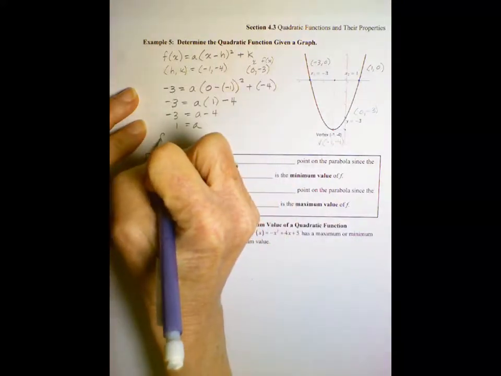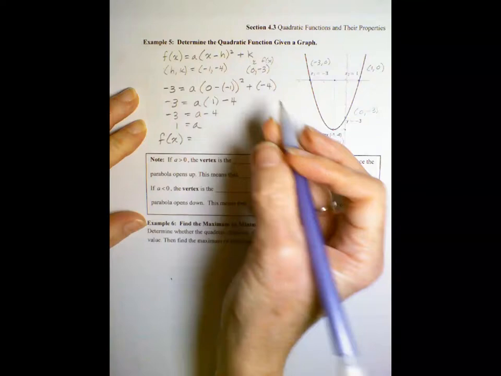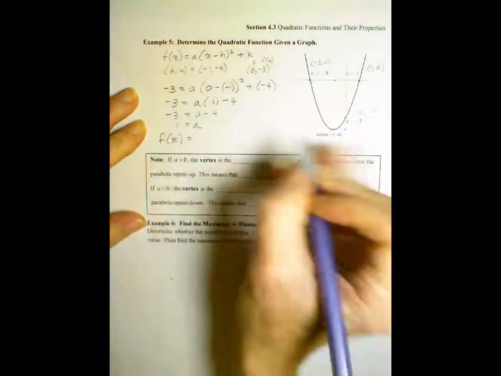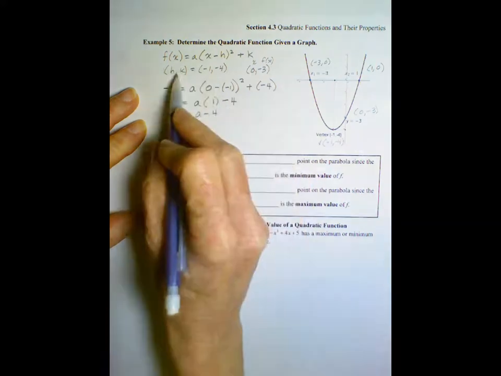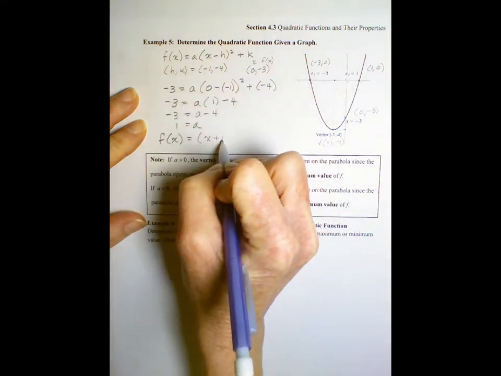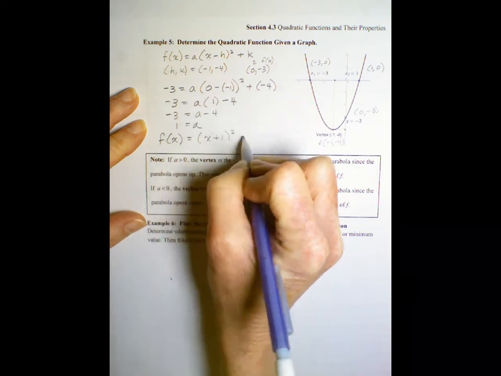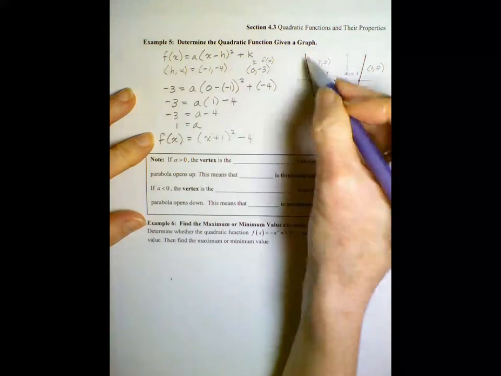So here we have found it. This function is f of x equals 1 times, but I'm not going to write the 1, it's understood, x minus h, where h is -1, so x plus 1 squared minus 4. There's the function for this graph.